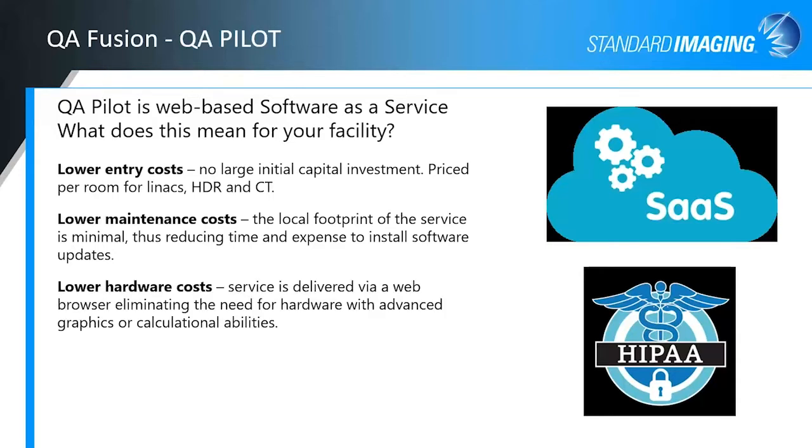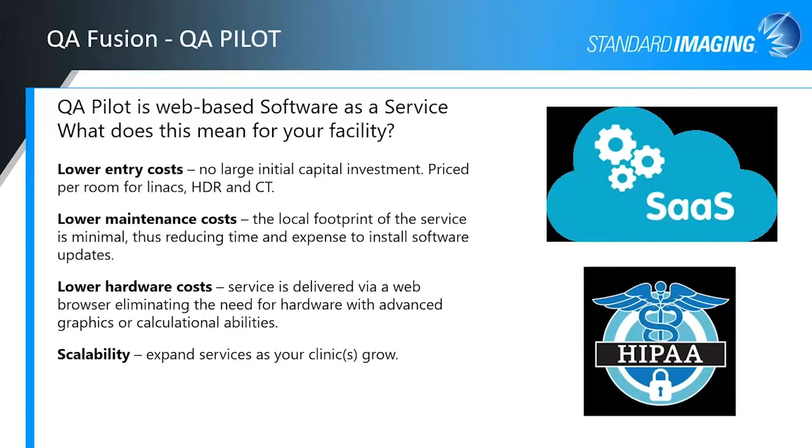You have lower hardware costs. You don't need to maintain hardware with advanced graphics or calculational ability. Of course, it's scalable, which means as you expand your center or you add centers, we grow with you, again, because it is licensed per LINAC, which makes it very easy as you're looking to add a new LINAC.